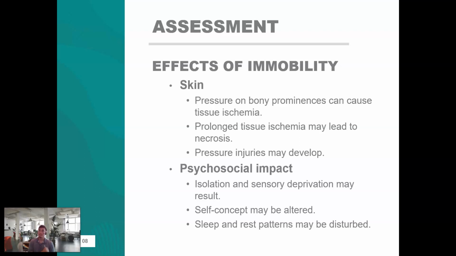So what happens before we get to a pressure injury is that the bony prominence starts to cut off supply and it causes ischemia. That prolonged ischemia, or lack of oxygenated blood and perfusion, is going to lead to necrosis. And necrosis is that premature death of healthy cells and healthy body tissue.